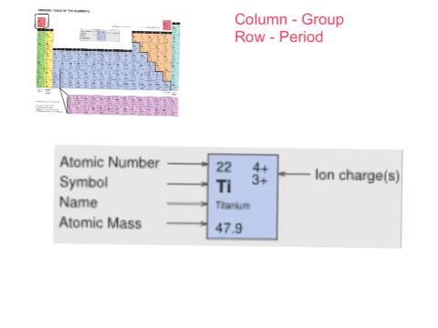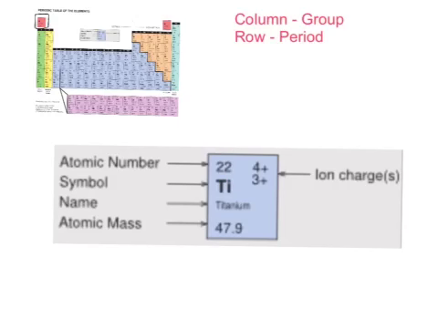This box includes much information, such as the atomic number. Titanium has atomic number 22, and the atomic number is the number of protons in the nucleus of an atom, which identifies the element to which the atom belongs.